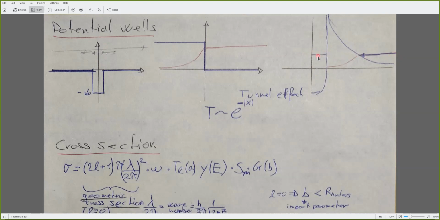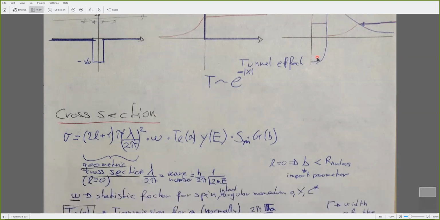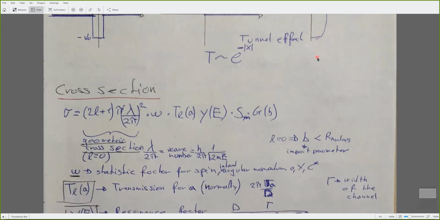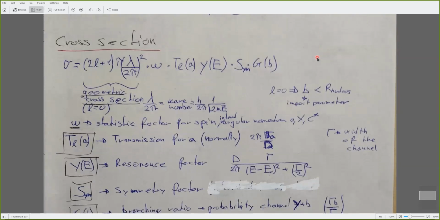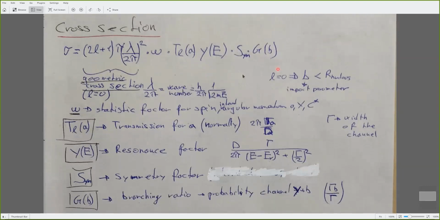For this reason, the cross-section for the nuclear reaction is a little more complicated than the classical one, and it's combined from several parts. The cross-section will be explained this way. This part is the geometric cross-section. 2L plus 1, that is the quantum number for the angular momentum.